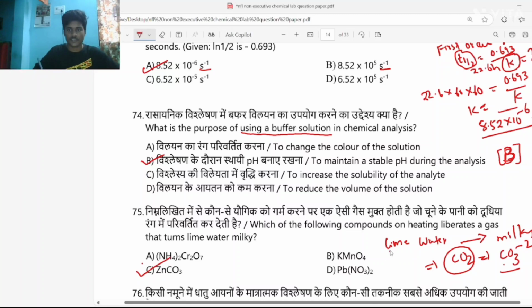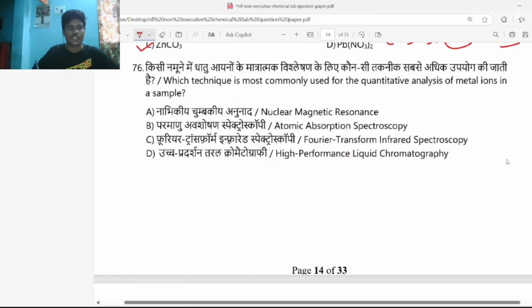Next question, which technique is most commonly used for the quantitative analysis of metal ions in a sample? Quantitative analysis, right? Options: NMR, nuclear magnetic resonance, no, it tells you the number of carbons and hydrogens, just the chemical environment. Atomic absorption spectroscopy, right?